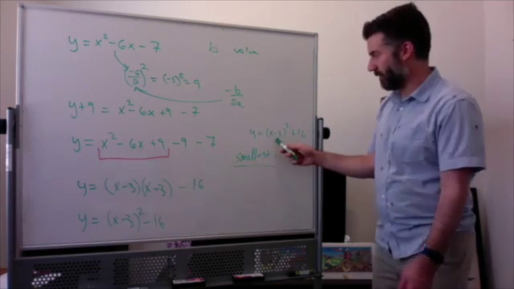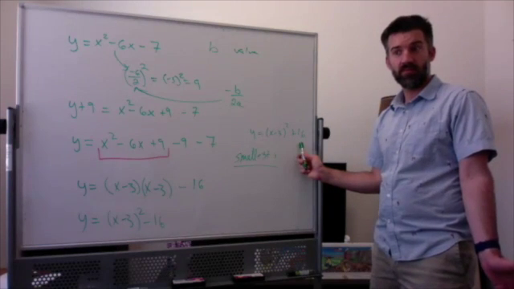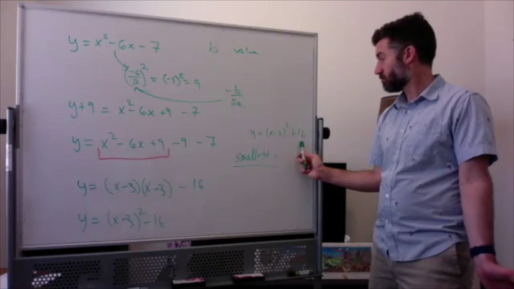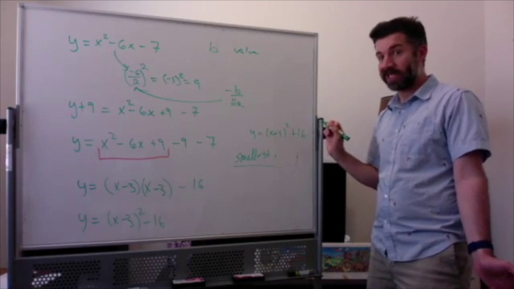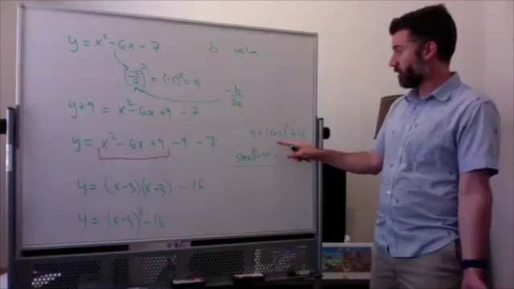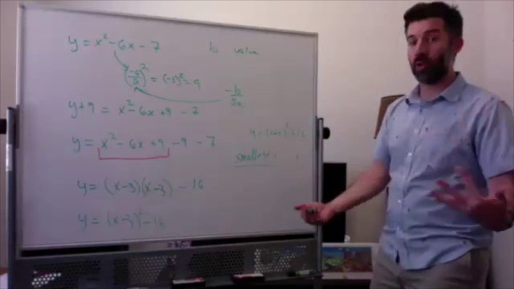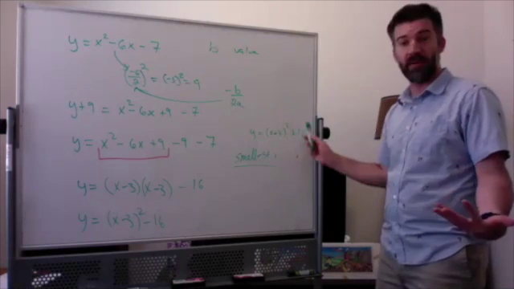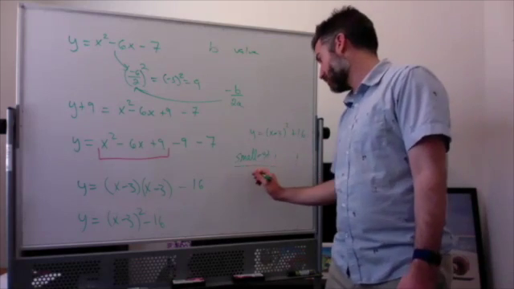What does x have to be to make this part as small as possible? Three. Yeah, exactly. If x is 3, 3 minus 3 is 0, and 0 squared is 0. Any other choice for x is going to make this bigger. It's going to make it positive, because it's squared.